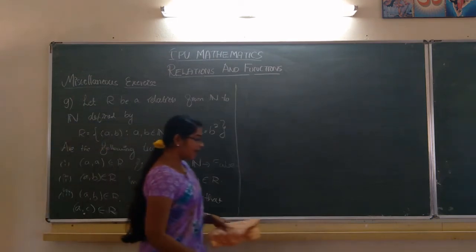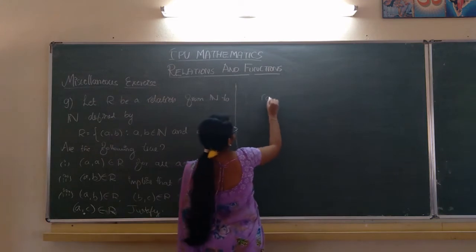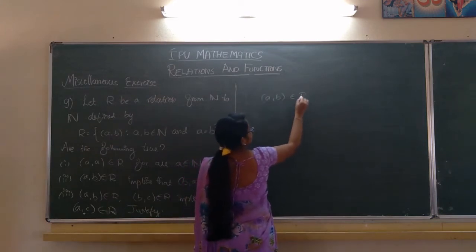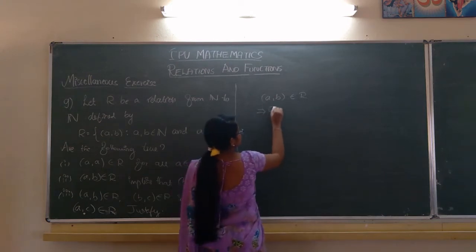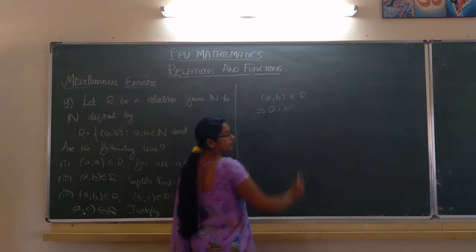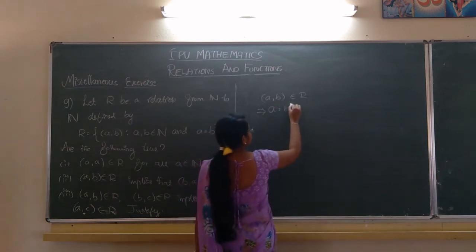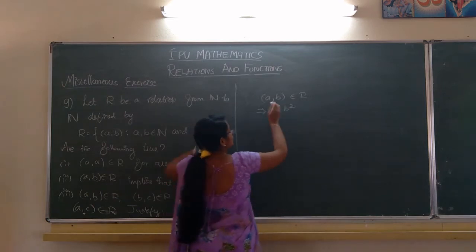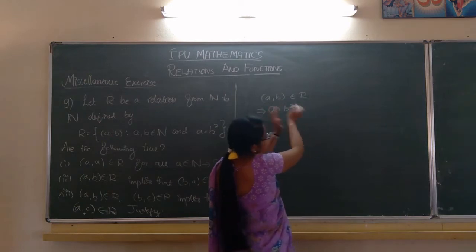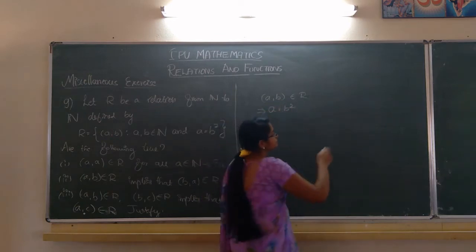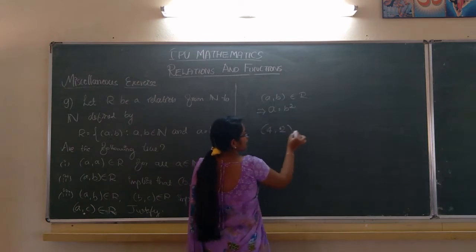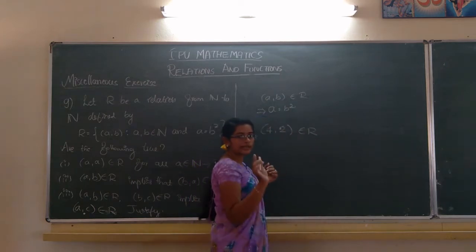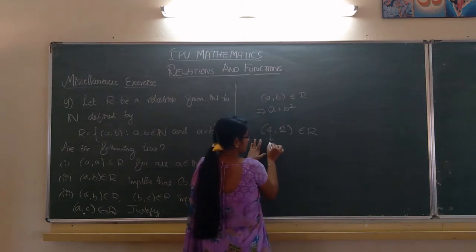Now, coming to the second one. If A comma B belongs to R, what does that imply? That implies that the first element is equal to square of the second element. Whether the ordered pair B comma A belongs to R? Look at this, 4 comma 2 belongs to R. The first element is equal to square of the second element.